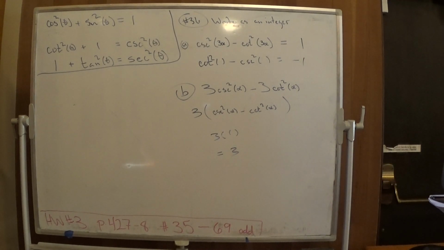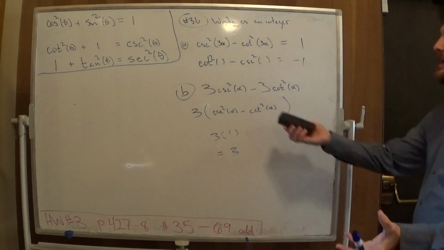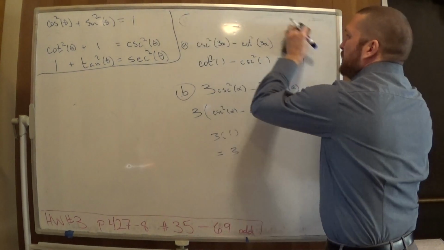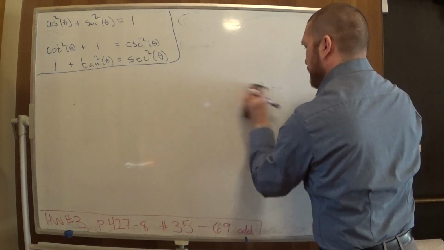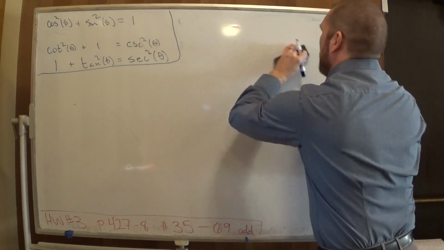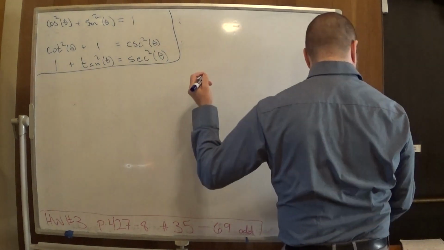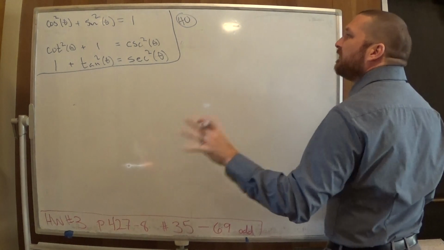Here's where it's going to get a little funky. So that's obviously, yeah, you're just manipulating these 3 things. Check this out. So, number 40. I think it says to simplify completely.